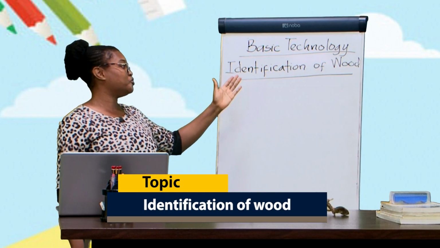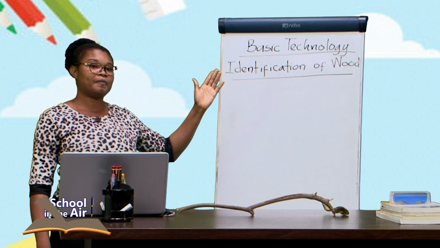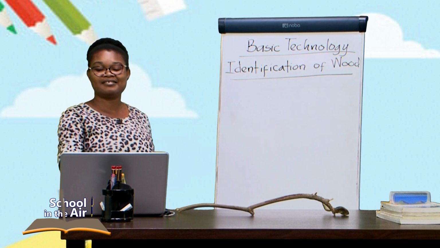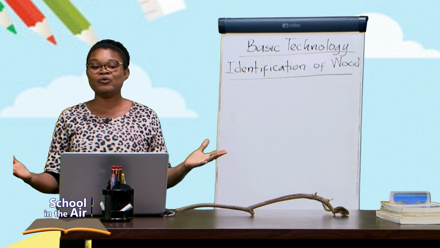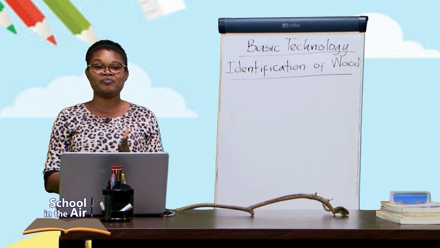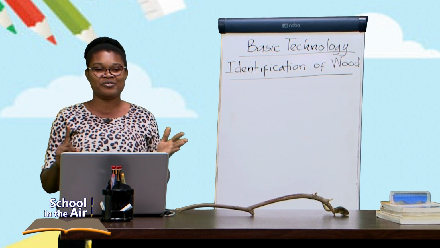We'll be looking at a very interesting topic today, and the topic is titled Identification of Wood. I'd like you to say that together with me. Identification of wood. Yes, wood, as we all know, is almost everywhere. It's in your parlor, it's in your restroom, it's in your kitchen, it's just everywhere.